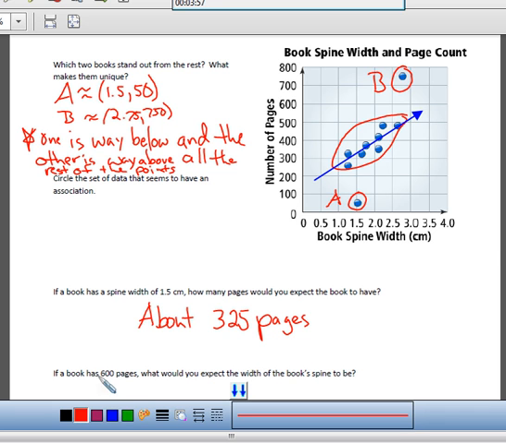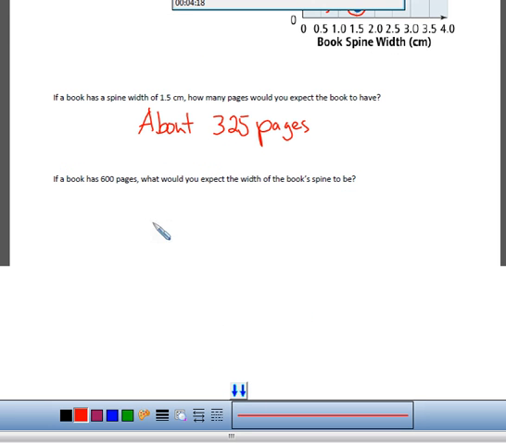And then the next question, if a book has 600 pages, what would you expect the width of the spine to be? If this were to continue up to 600 and then go down, it looks like it's about 3.5 centimeters.